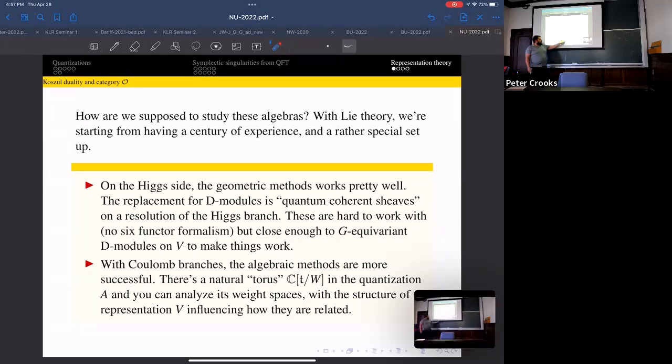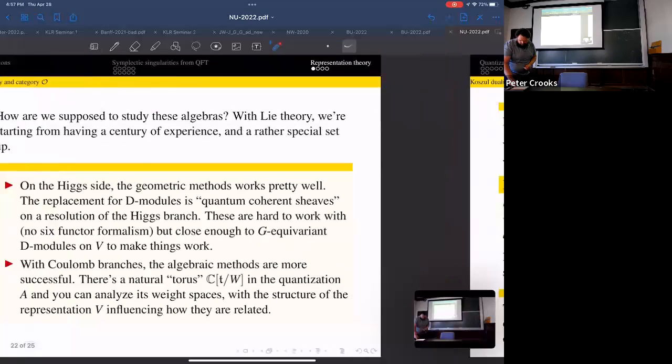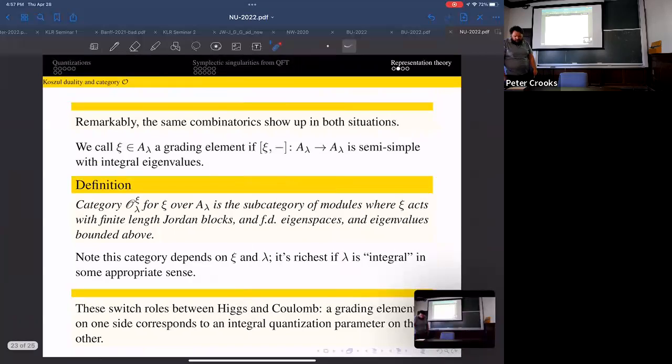There's a natural big commutative subalgebra, and you can analyze the representation theory of this algebra using this big commutative subalgebra and find out very interesting stuff, which I'll probably talk about more tomorrow. But interestingly, these two very different stories end up giving you the same common answer.